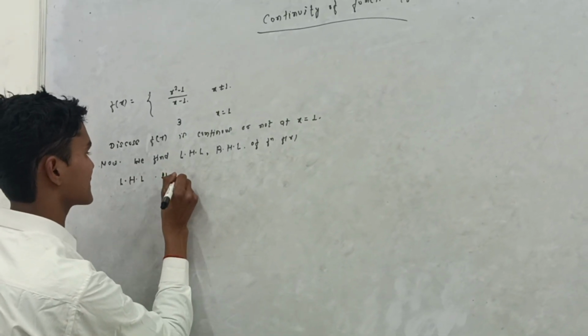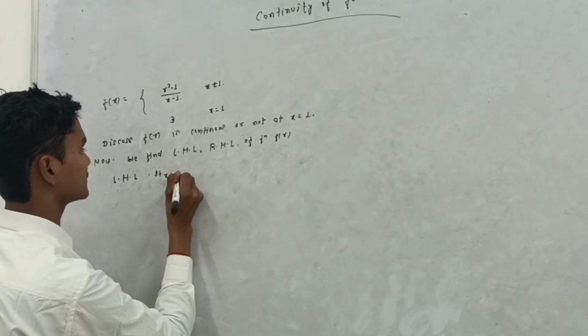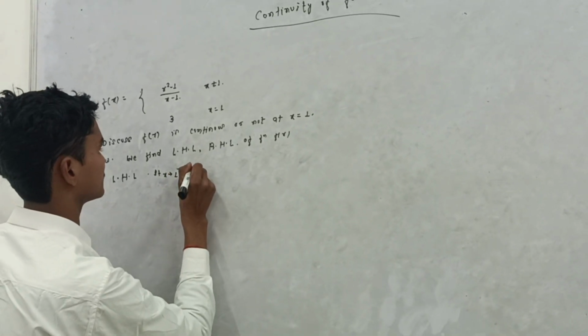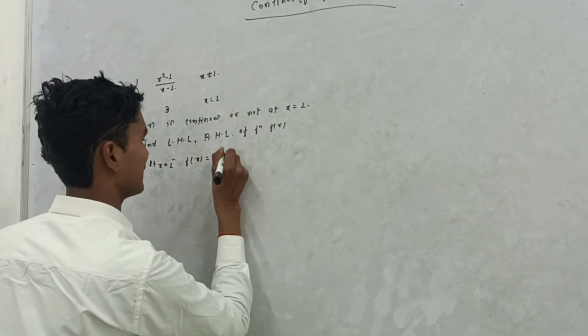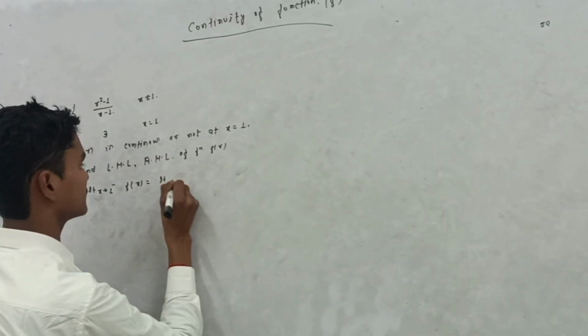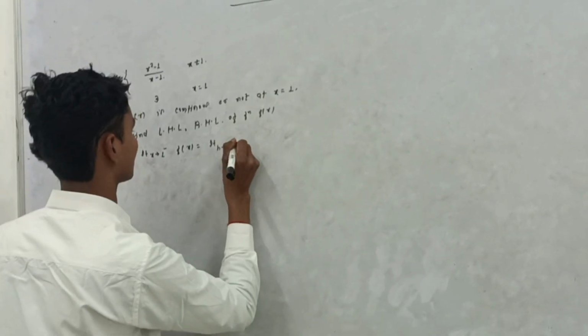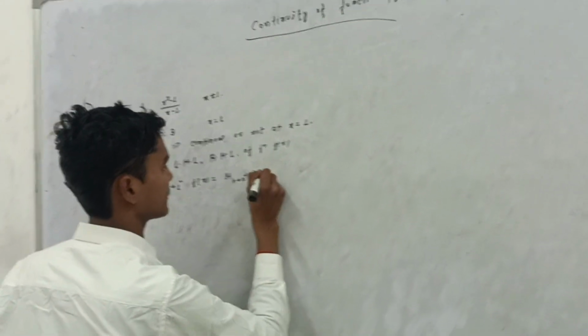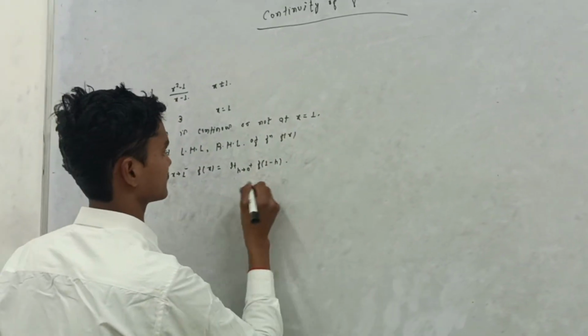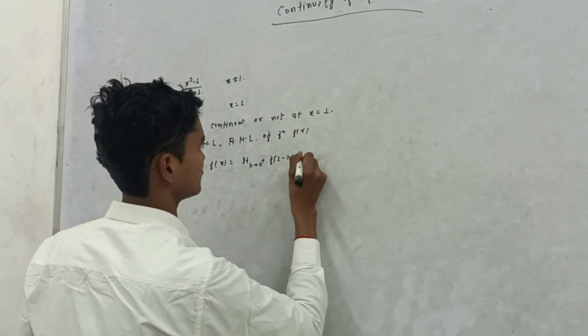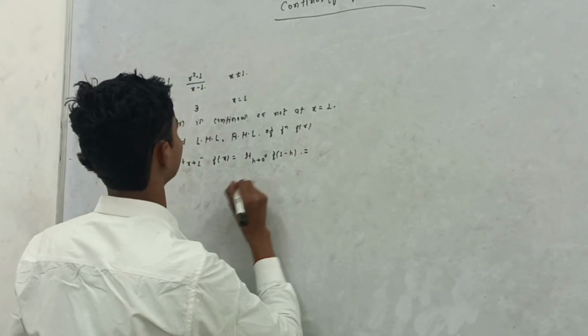Limit x tends to 1 minus f(x) is limit h tends to 0 plus f(1 minus h).